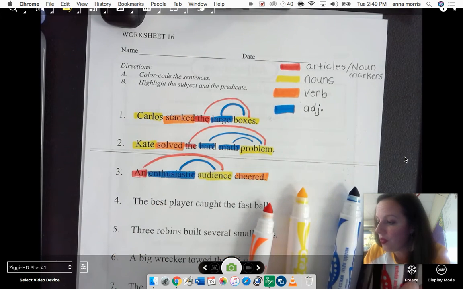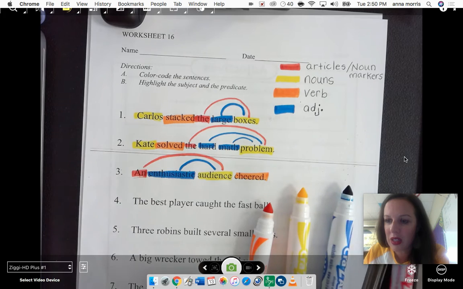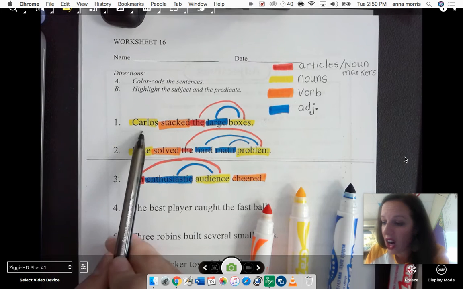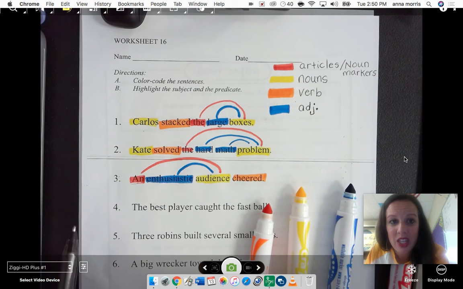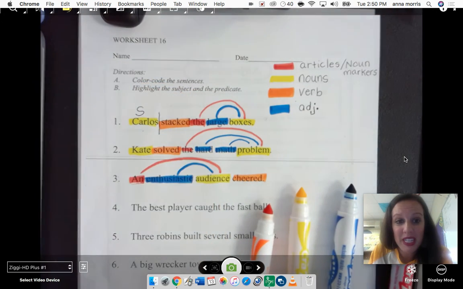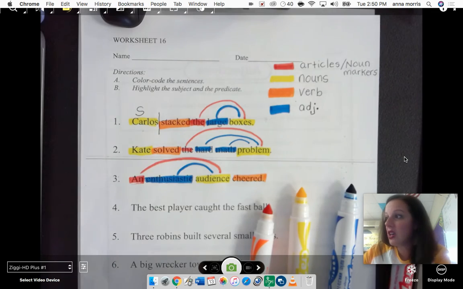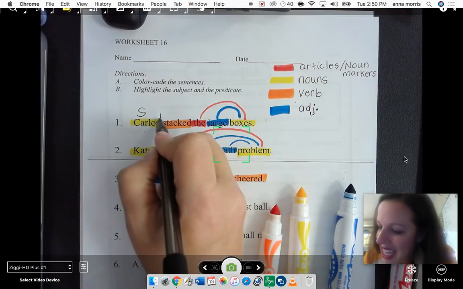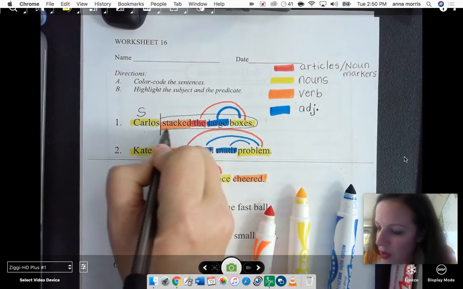Now, if you've made it this far, you can always go back in and find your subject and your predicate. Carlos stacked the large boxes. Who stacked the large boxes? Carlos. That's my subject. And what did he do? He stacked the large boxes.